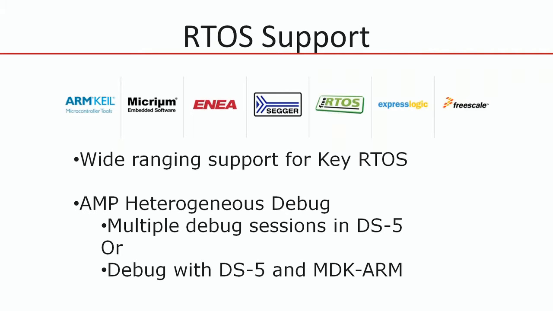So DS5 is capable of creating debug sessions to support debug on both cores, and also is able to debug and understand a wide range of popular RTOSs that are suitable for use on the other processors as well. And in some cases these can actually be used on Cortex-A as well. So we have had some customers who've built Cortex-A based systems using small footprint RTOSs, really just to get very, very high performance systems that they can easily validate.